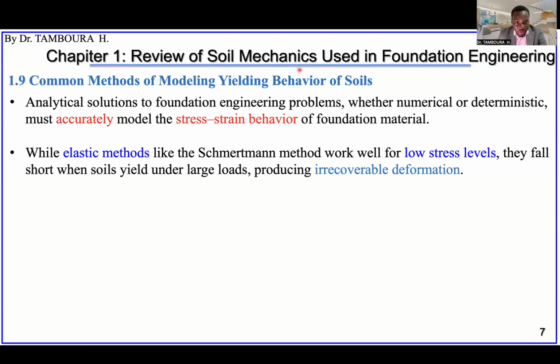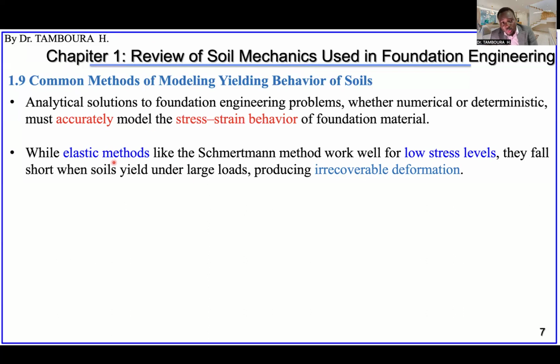Stress-strain behavior. Okay. Why elastic method? Elastic means like linear method. Elastic methods work very well with low stress. If the stress is not very high, then the elastic method is okay to estimate the relationship between stress and strain.